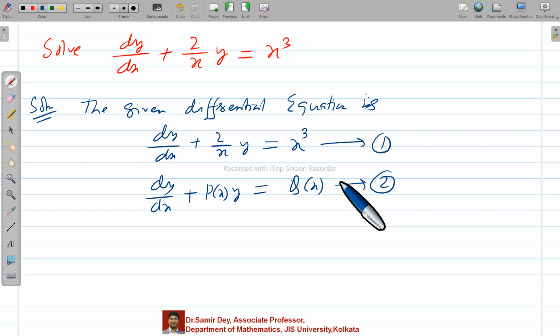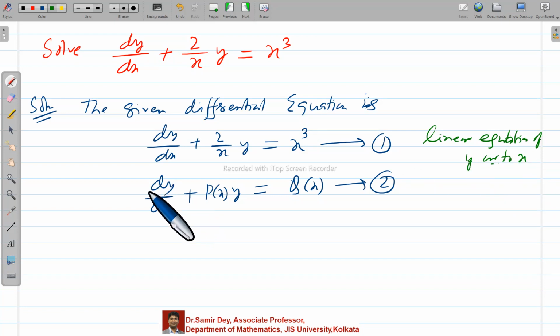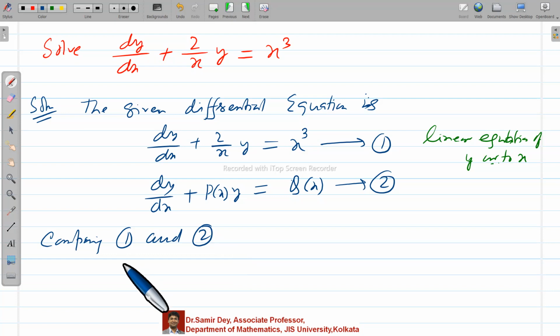Another note must be here: linear equation of y with respect to x. That is why I have mentioned it like this. Now comparing 1 and 2, please tell me what is P(x)?